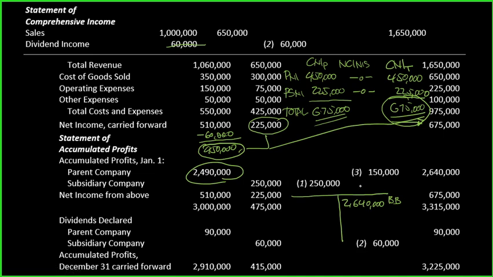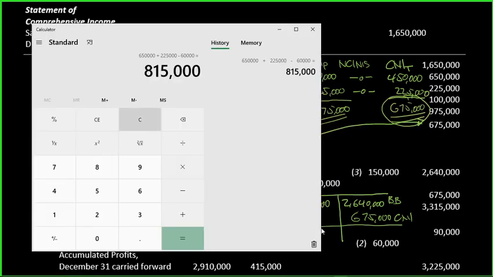So, let's use 2,640 plus your consolidated net income, which is 675. And then, less the dividends declared by the parent. Let's look for the dividends declared, which is 90. Where is our calculator?